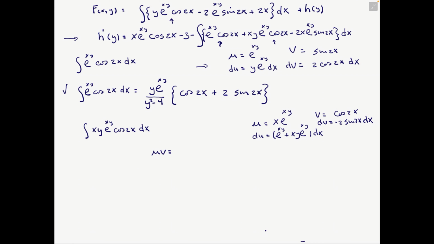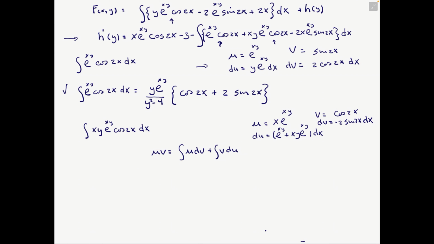V we choose to be cosine 2x, and dv equals minus 2 sine 2x dx.